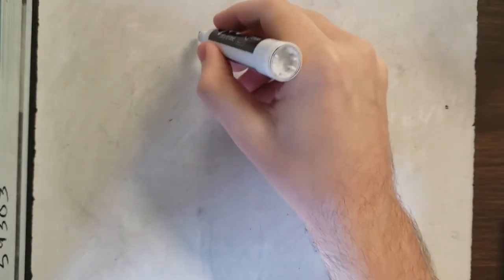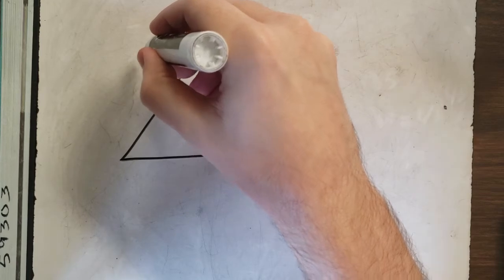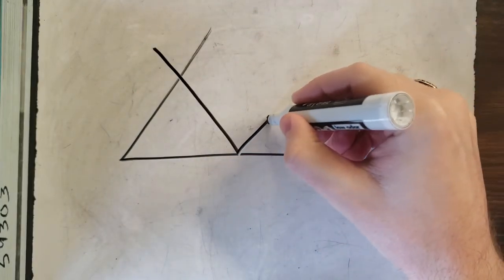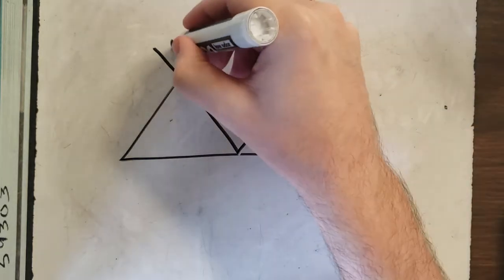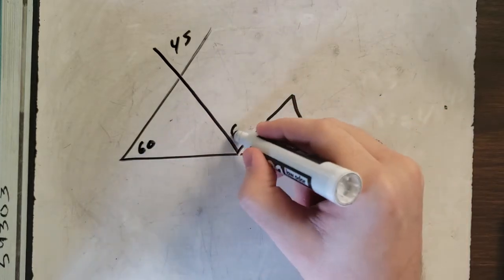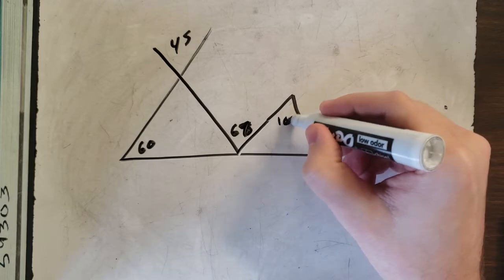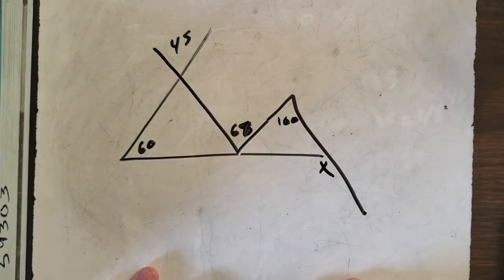All right, let's do a longer one. So we have 45, we have 60, we have 68, we have 100, and then that's our angle we need to find here. So a lot going on here.